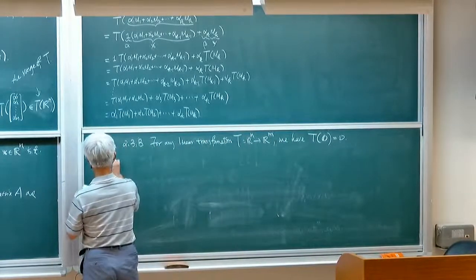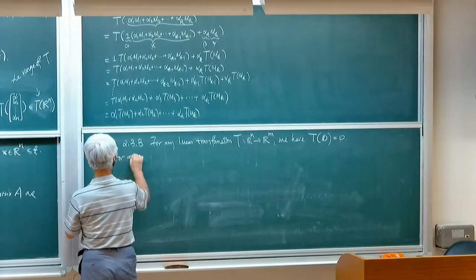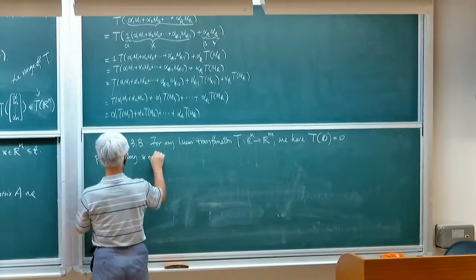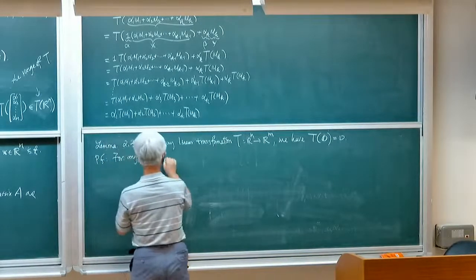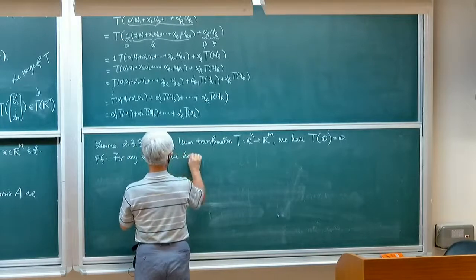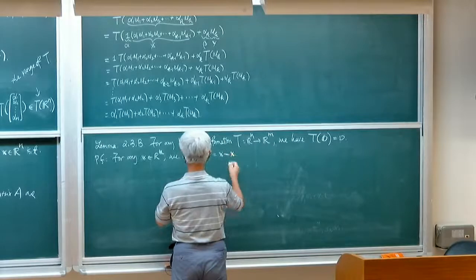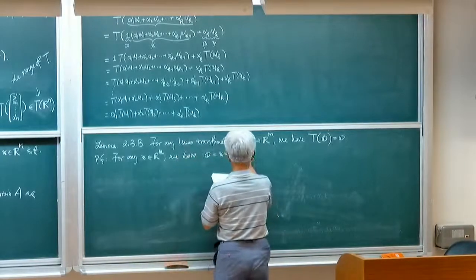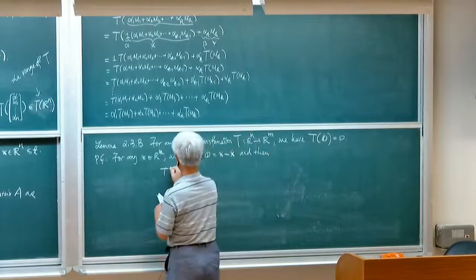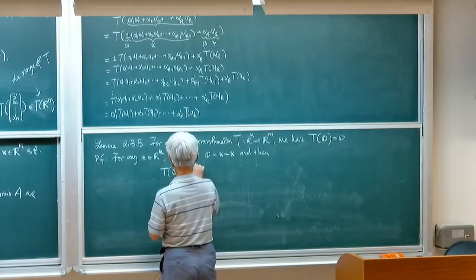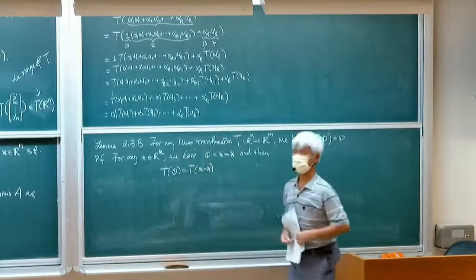And the proof is also quite simple. For any x in the domain of T, we have 0 is equal to x minus x. And then T0 is equal to T on the difference.